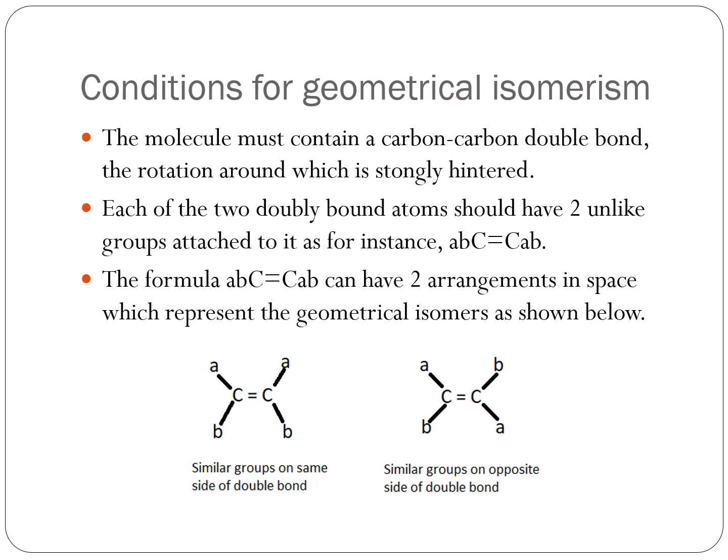Here you can see the diagram. In the carbon-carbon double bond, two different groups are there: one group is represented as A and the next group is represented as B. In the first diagram, the same groups are arranged on the same side of the double bond.